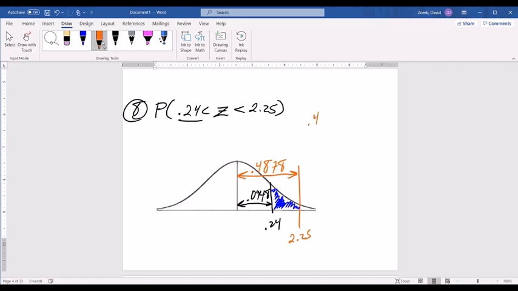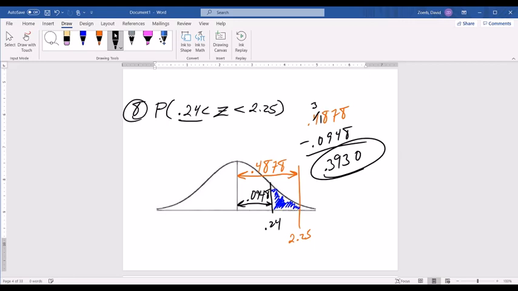So 0.4878 minus 0.0948. So 0, 3, have to borrow. 9, 3, so 0.393. Yeah, I didn't say 0.3930.